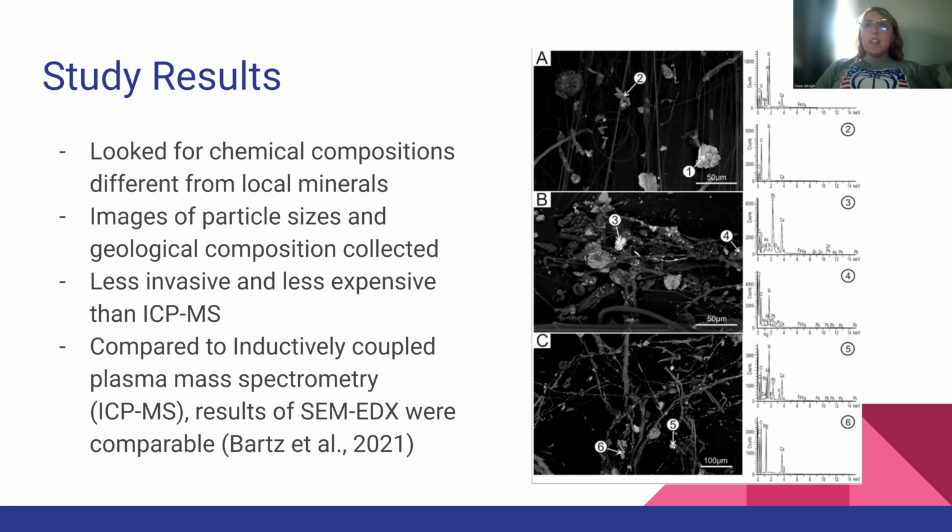It was determined in the analysis that SEM EDX is a less invasive and a less expensive mode than ICP-MS at the very least. Now, when it was compared to the results provided by inductively coupled plasma mass spectrometry, or ICP-MS, SEM EDX results were of a comparable standard. That's what Bartz managed to discover in doing this study.